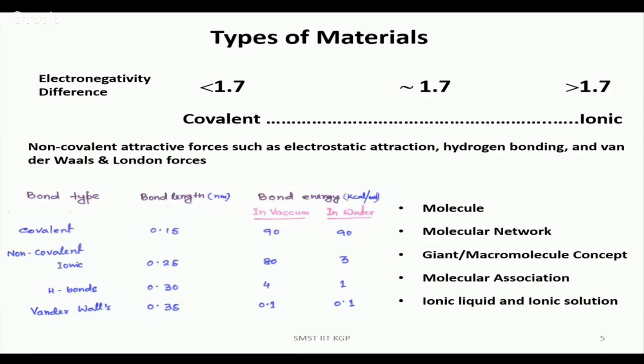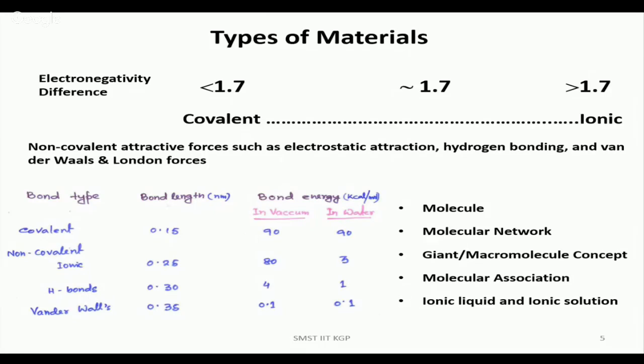Silica is also a covalent molecule, but because silicon and oxygen have very poor overlapping for sigma bonding or double bonding, they make a 3D network structure of covalent bonds, right? So that is why silica is also a molecular network composed of covalent bonds.